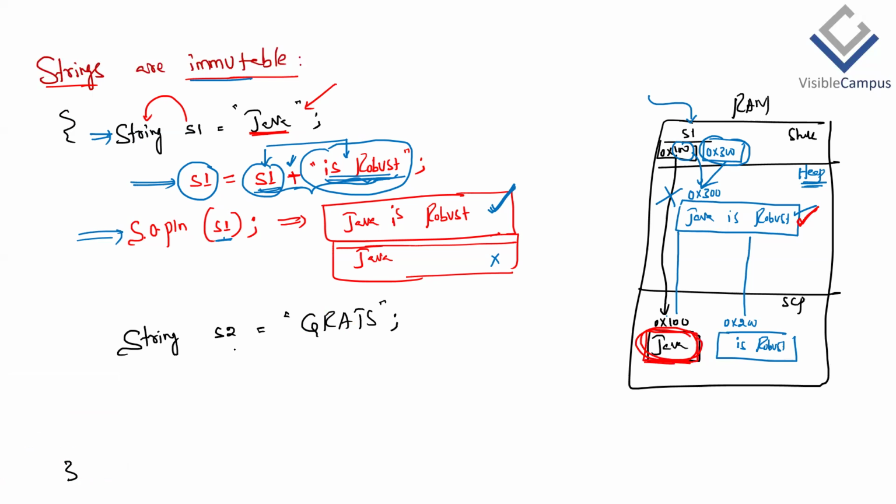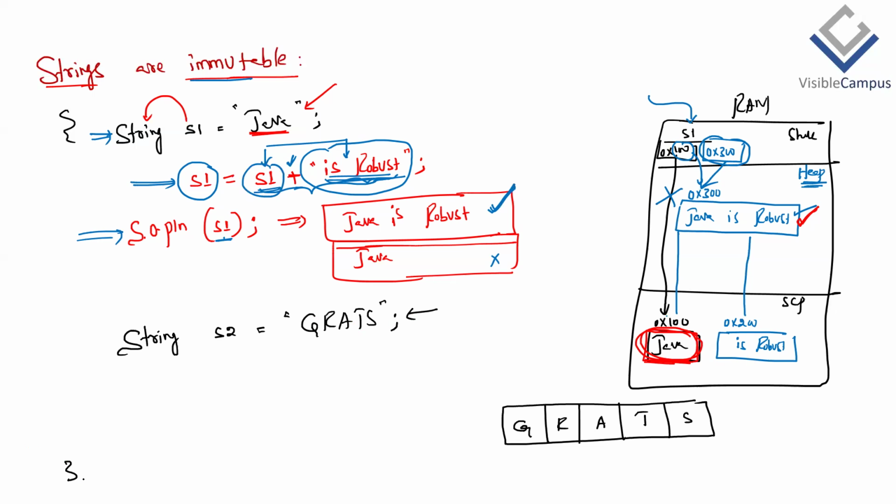When it comes to strings, internally they are character arrays. That's why when the JVM executes this line, it will be stored in the string constant pool, but in a character array: G, R, A, T, S are separate characters stored in an array format internally.